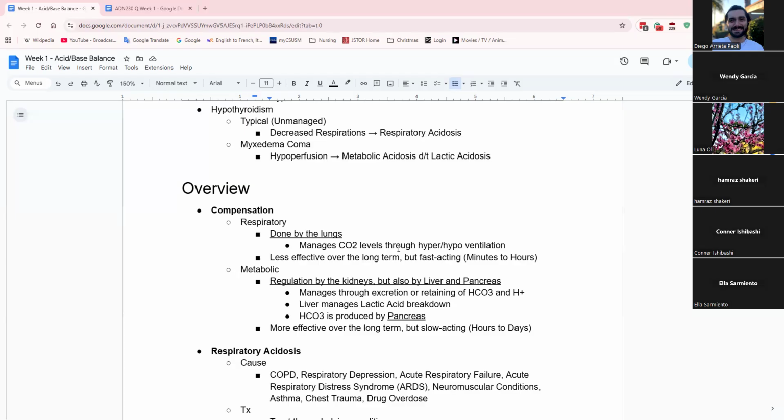So in that case, like I said, metabolic acidosis due to DKA, diabetic ketoacidosis, it's being compensated by the lungs in this case through Kussmaul respirations. But your body will compensate by using both ways. And one of the things about the compensation here is that respiratory compensation is going to be more of a fast-acting band-aid, less effective over long periods of time, but it's faster acting.